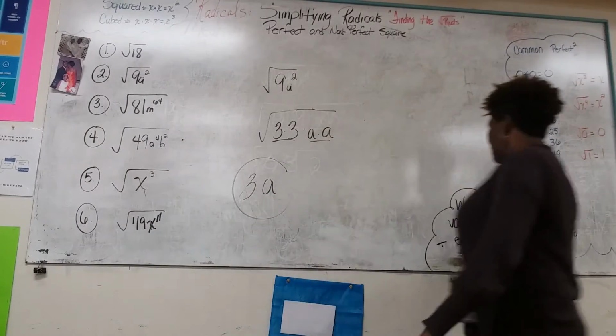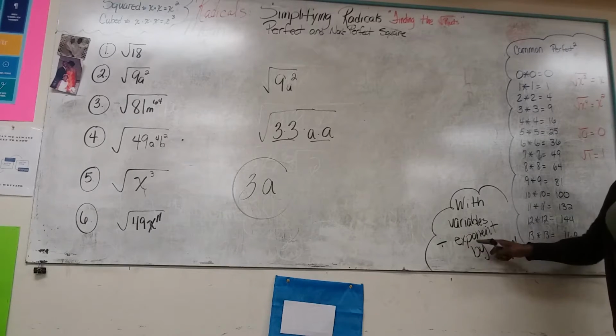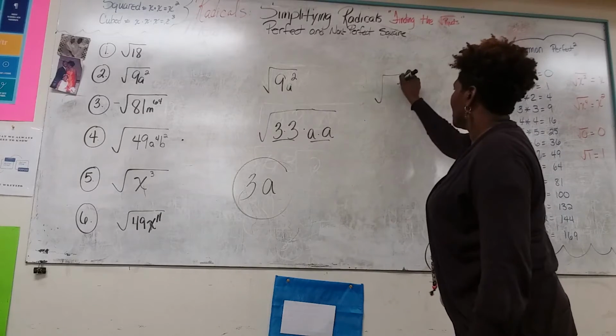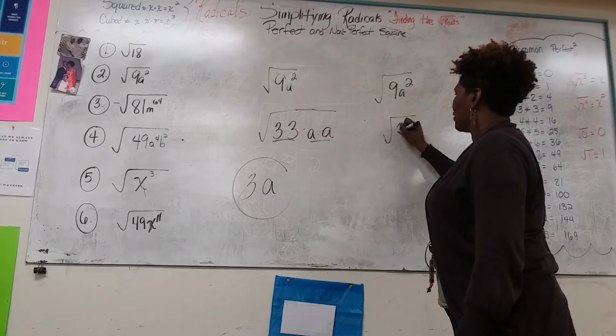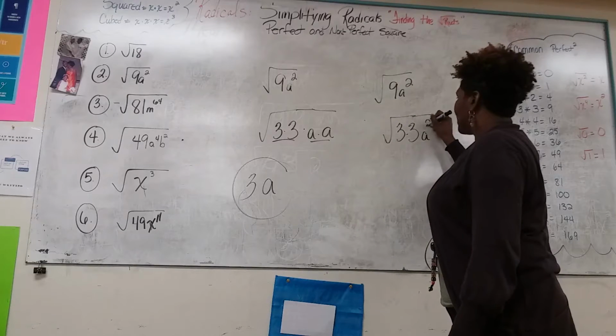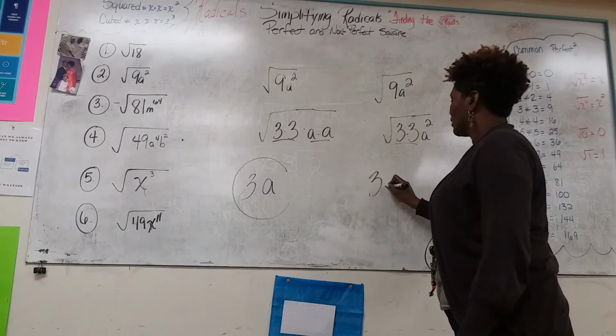Now, notice my little thought bubble right here says with variables, divide the exponent by the index. I could have said square root of 9a squared is like saying 3 times 3 times a squared. Hey, I already know I have 3 twice.